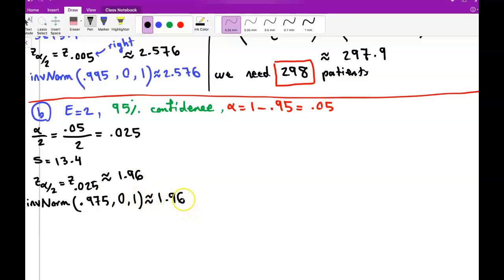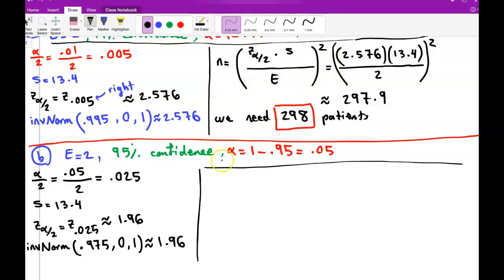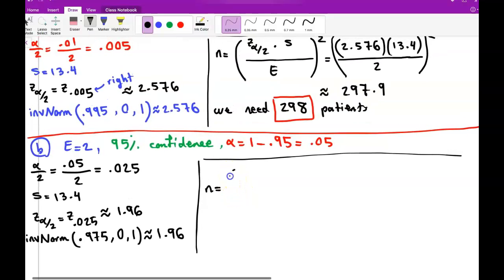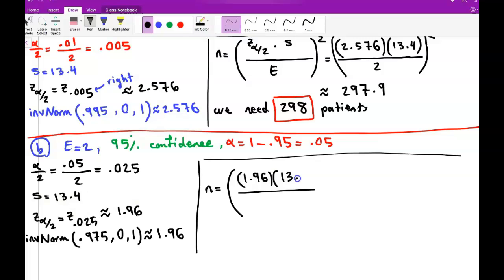Okay, after you got z, we can find sample size, exactly what we did on part A. So n is equal to, on top we have z times s, so z is 1.96, multiplied by s, which is 13.4, divided by e, which is 2.